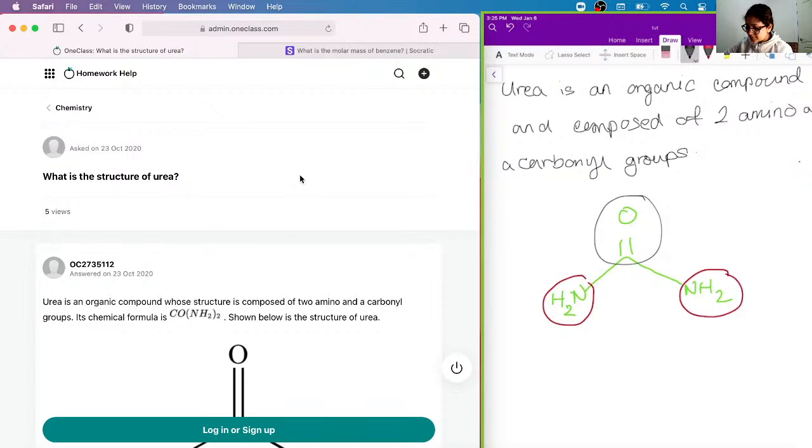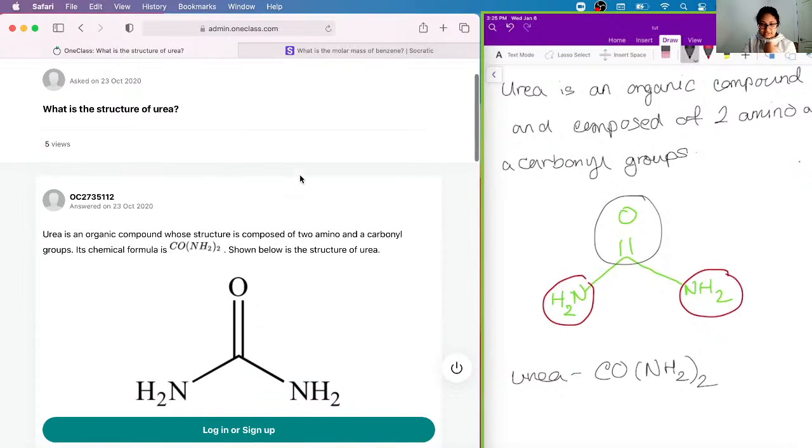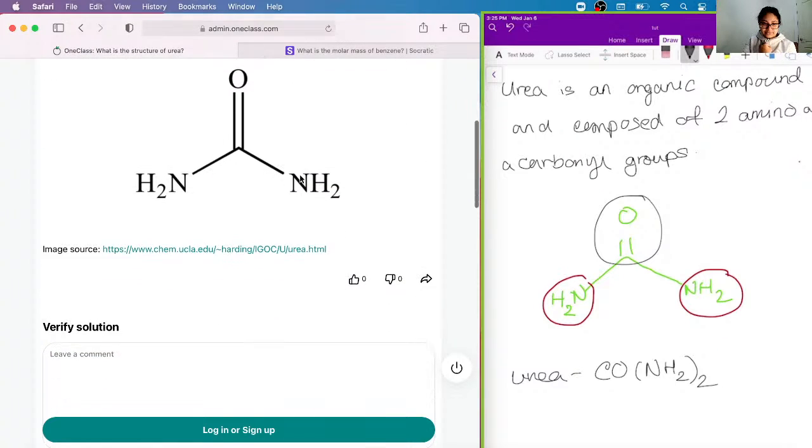So let's come up with the formula. The formula for this is actually CO, double bonded with oxygen. That's your carbonyl group, and it has two amino groups, NH2. Okay, so this is urea. And so this is what's given. This is correct.